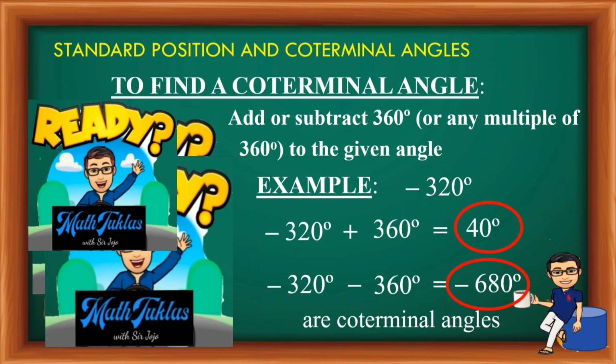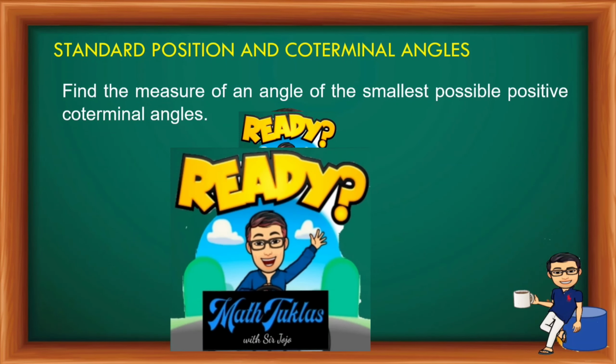Okay, this time, let us try to know what you have learned in our discussion. So, you are going to find the smallest possible positive coterminal angle of the given. And the given is 80 degrees. And let's begin.